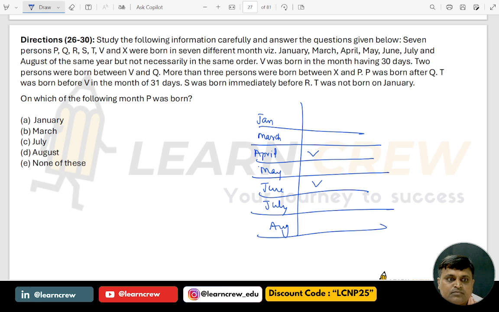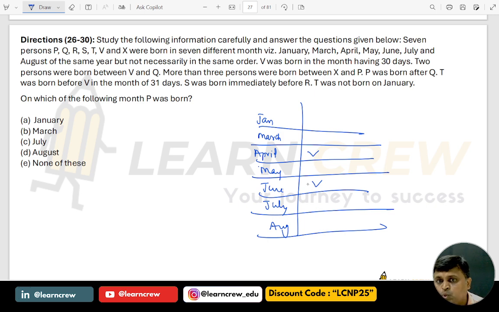Now, 2 persons were born between V and Q. So if V is here, Q cannot be here.